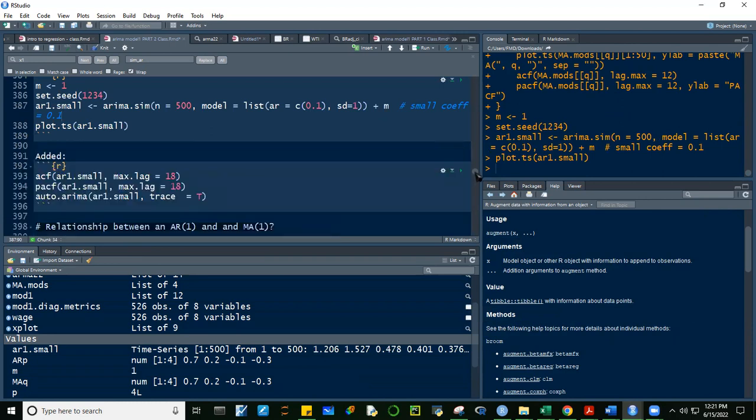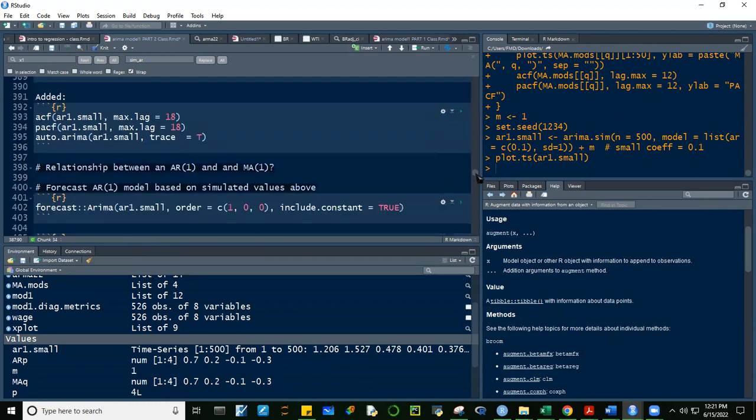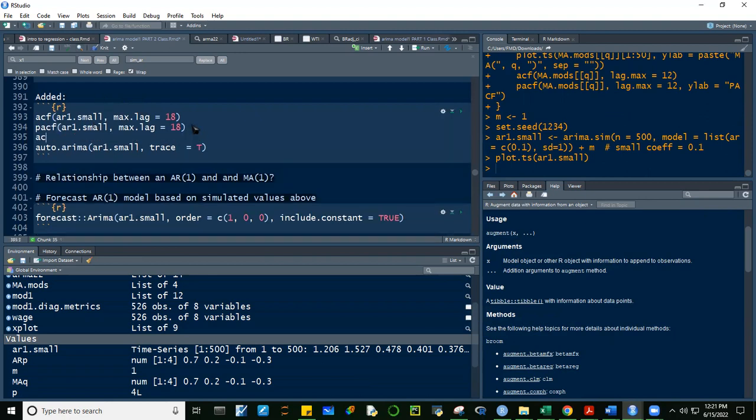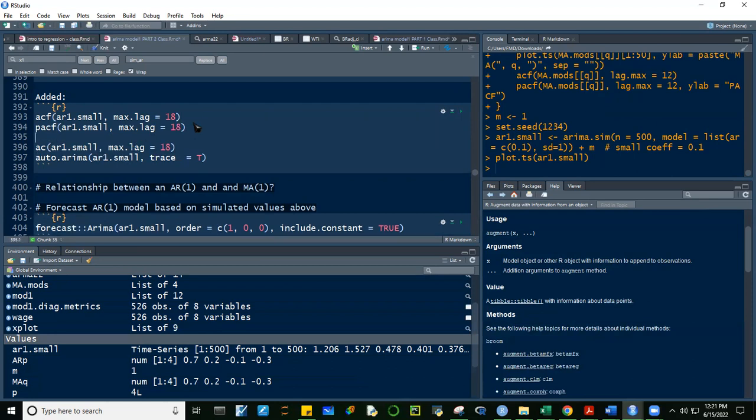Tapos, anong ginawa natin dito? Palitan na lang natin to, gawin natin ar1.small. Para hindi natin iisa-isahin yung pag-plot, okay, sige, 18. Okay, instead of using these two, pwede natin gamitin yung ACF function coming from TSM.